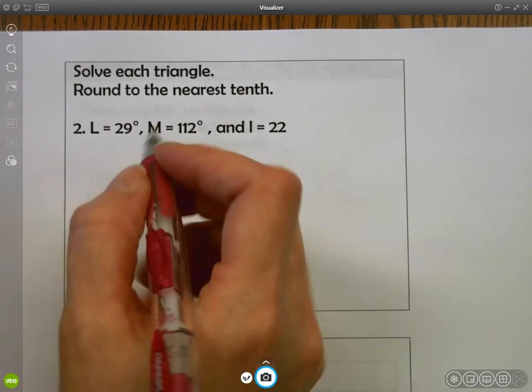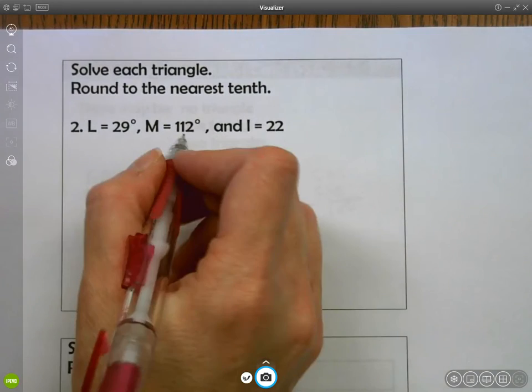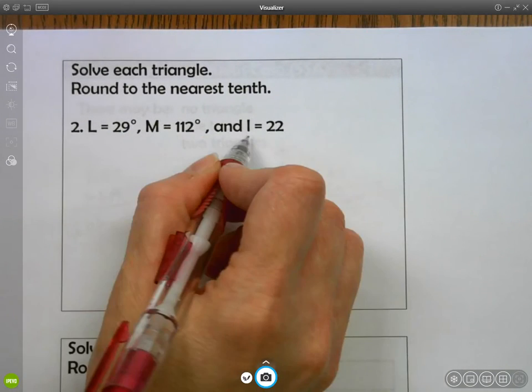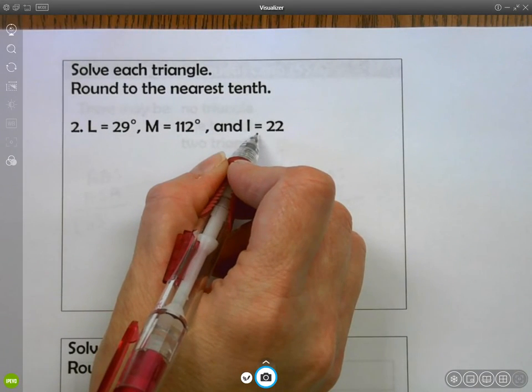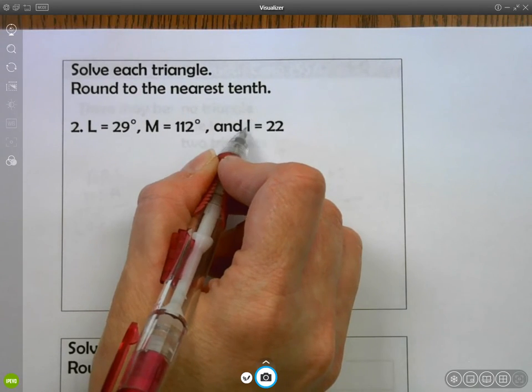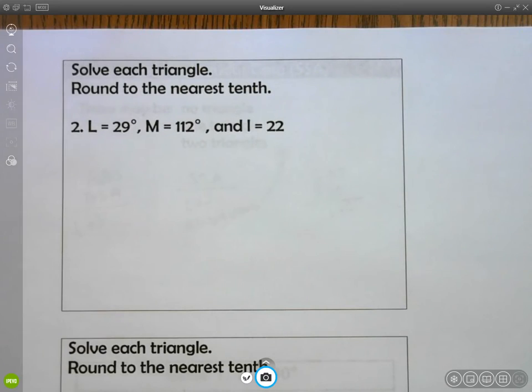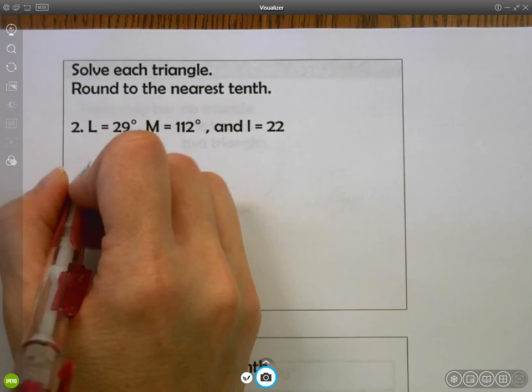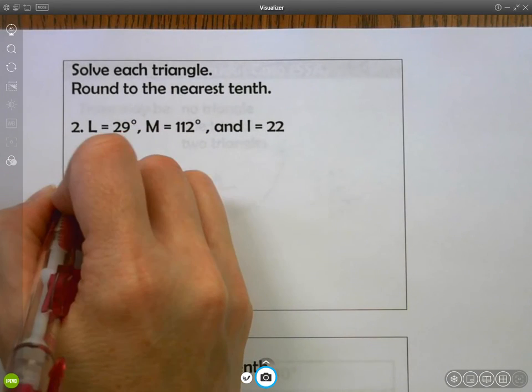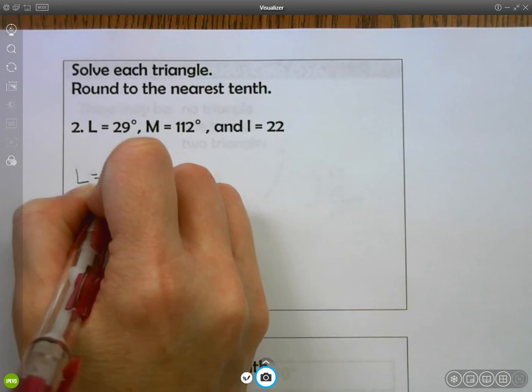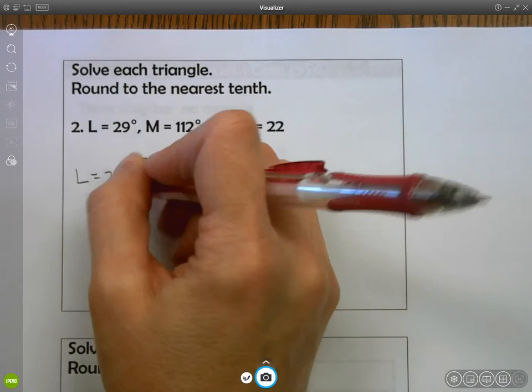Okay, so I know these variables are different, but that's really okay. You have an L, an M, and I guess that's a little o. So we don't even know what the other letter would be, right? So you may have been confused when you tried this one, but let's see. We know that angle L is 29 degrees, not 290, 29.